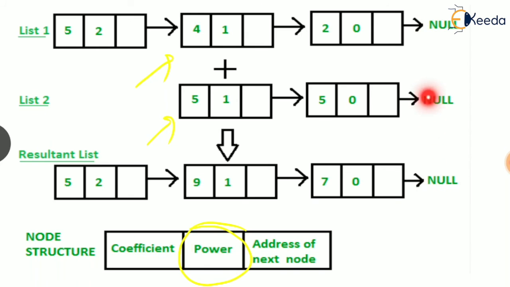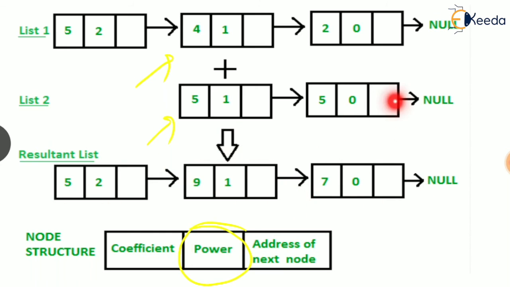So in the third linked list we provide the null. The node structure consists of the coefficient, then the power, and the address of the next node. By handling these two expressions, we can successfully perform the addition and create a resultant list.